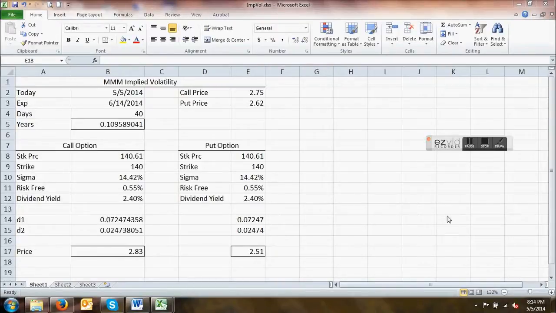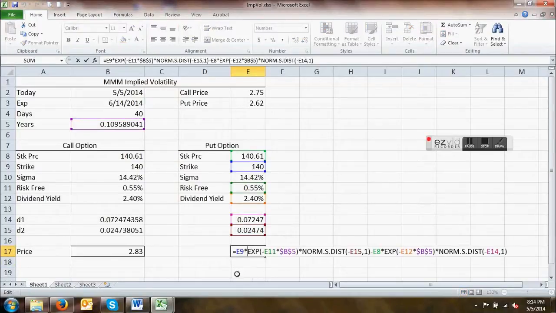Alright, sorry about that. Making mistakes, everybody does. Anyway, so here's our equation, corrected now. It's the strike price times the exponential.